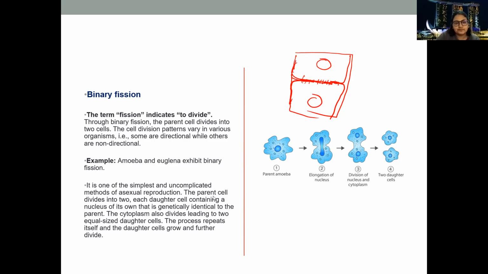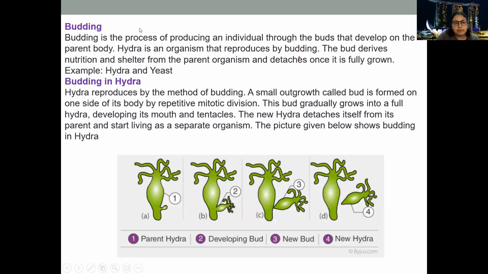Now we will learn budding. What is budding? Budding is the process of producing an individual through buds. Some portion just outgrows, slowly matures, slowly increases in size, and ultimately when it becomes fully matured, it sheds off from the parent organism.